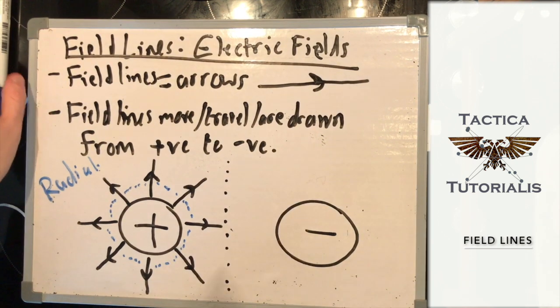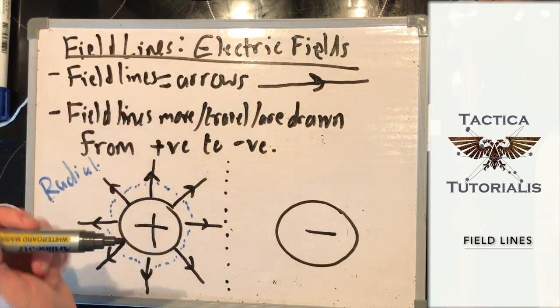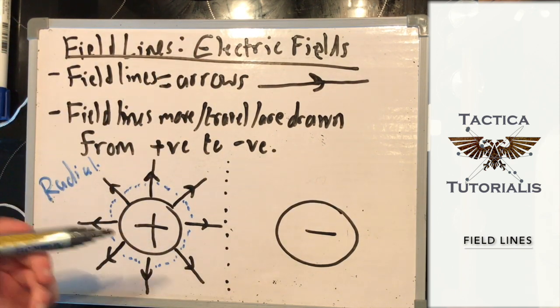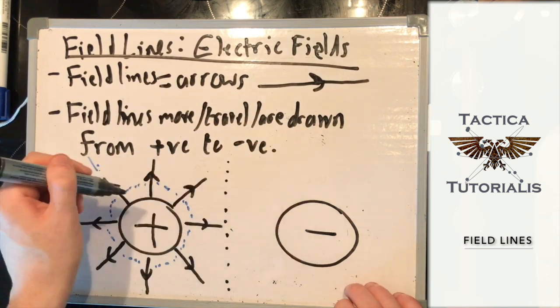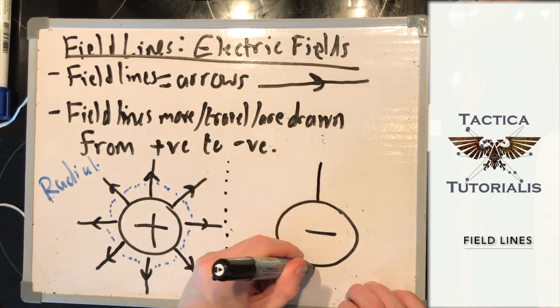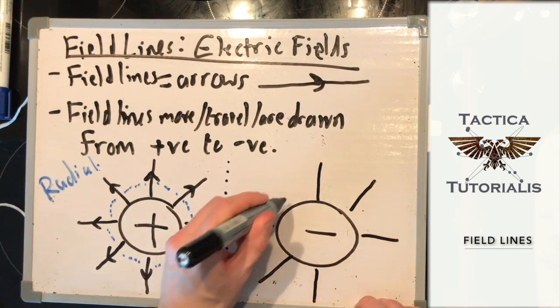Now, what if I had a negative charge? Well, we apply this rule, moves from positive to negative. So you might say, therefore, that all electric field lines arrive at negative charges. So we do the same thing as this. We've got our lines coming like that.